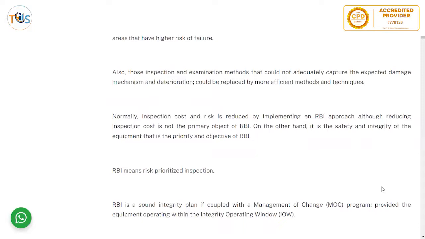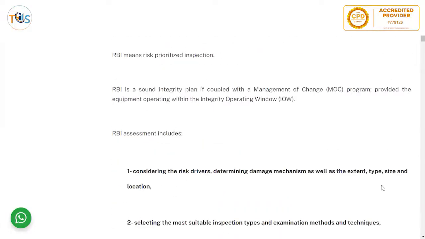Or the other way, they might also ask, what is the byproduct of RBI? It would be reduction in inspection costs, because you're diverting the inspection efforts towards high-risk drivers and eliminating inspection efforts when there is not much benefit in it or it cannot detect the expected damage mechanism.